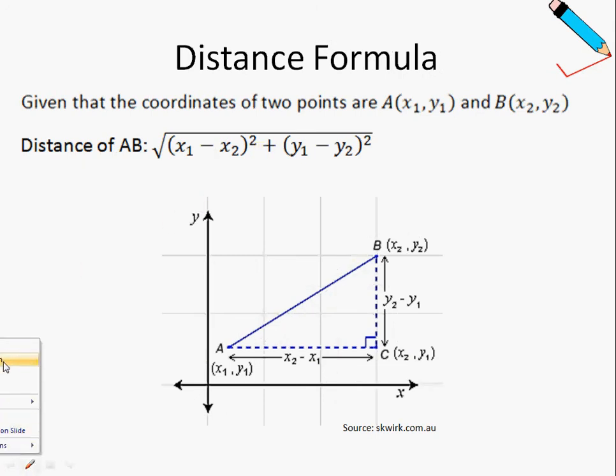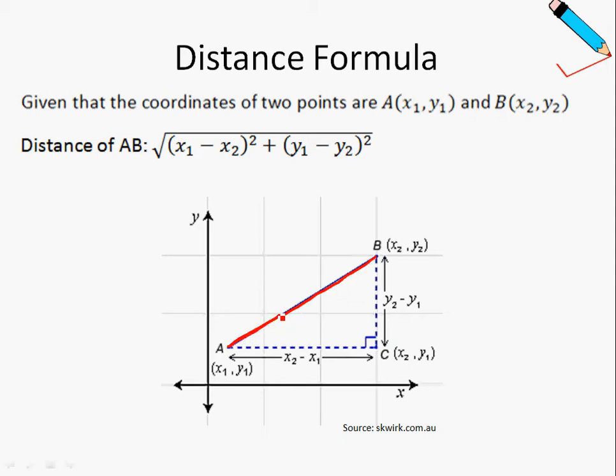Similarly, if we have the coordinates of points A and B to be x1, y1 and x2, y2 respectively, then the distance AB, which is the length of line segment AB, let me just draw it in red over here. So the red line here represents the distance of the line segment AB.